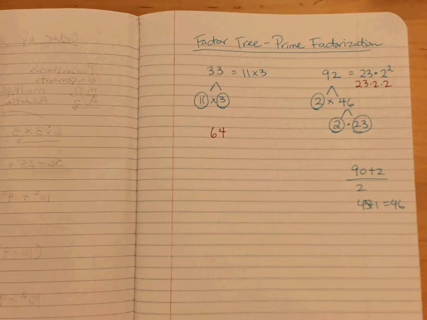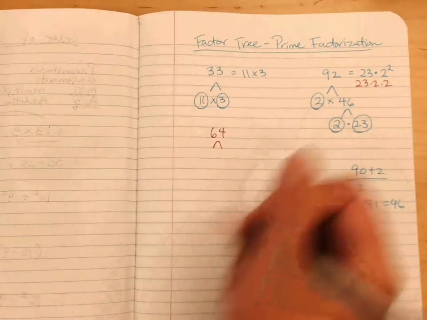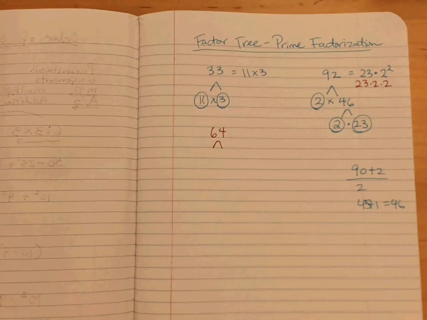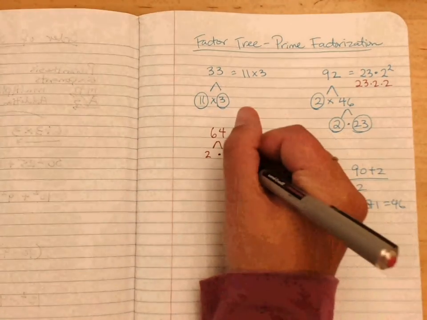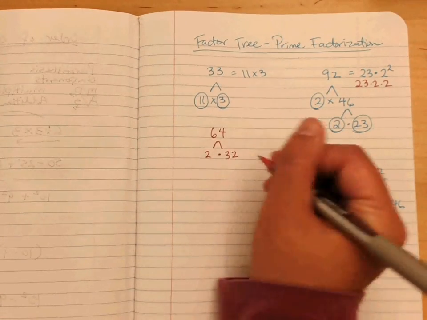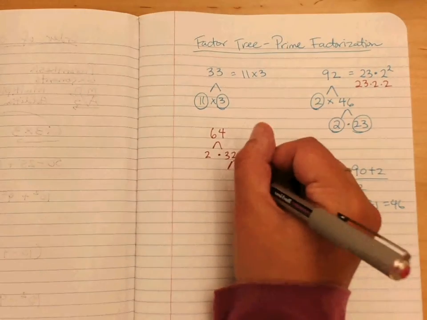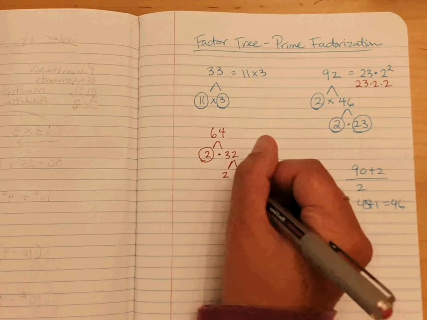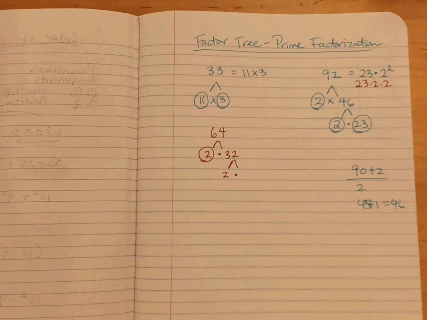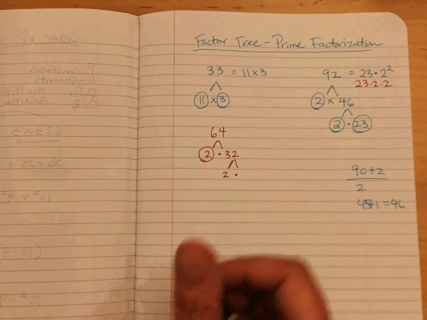That's a pretty big number. It's even, so I could divide it in half. What's half of 64? 2 times 32. 32 is composite. 2 times half of 32 is, half of 30 is 15, half of 2 is 1, so 16.